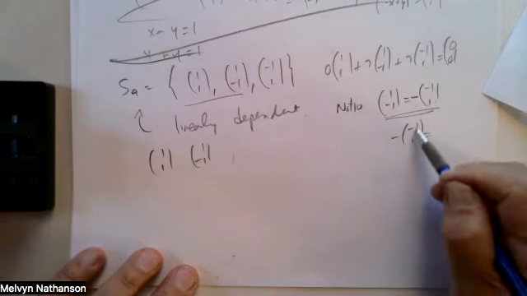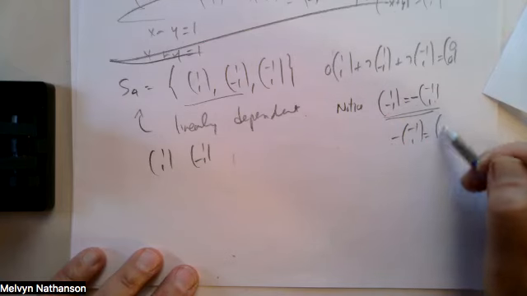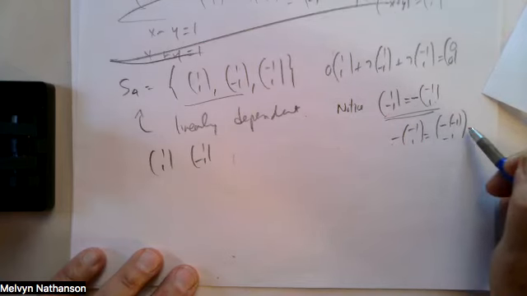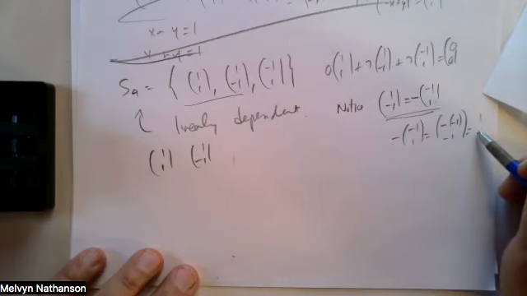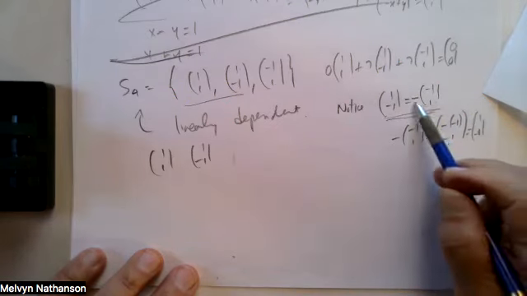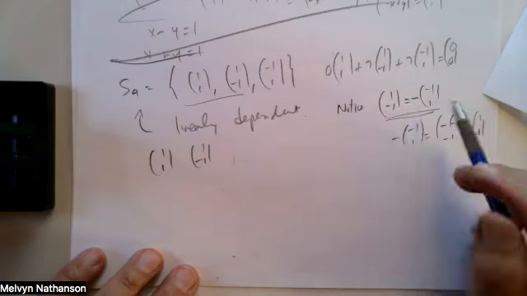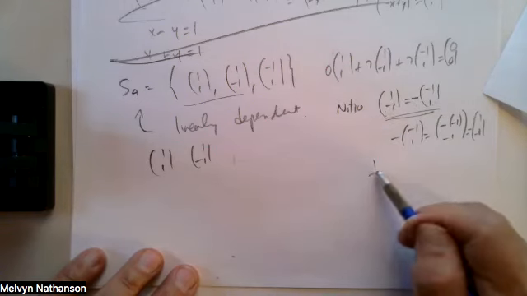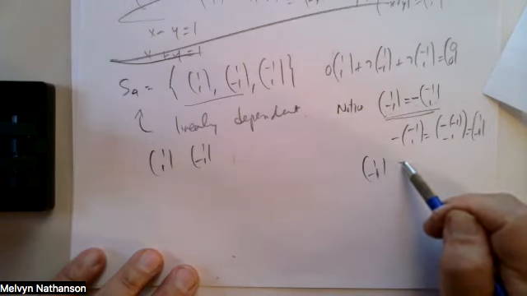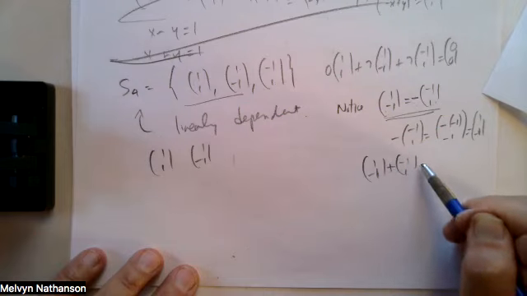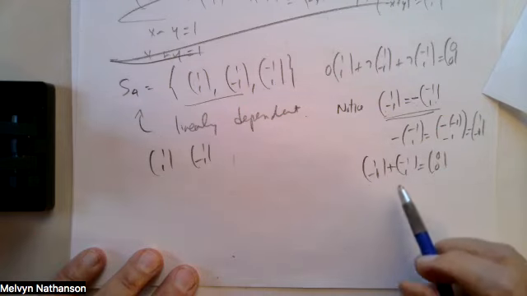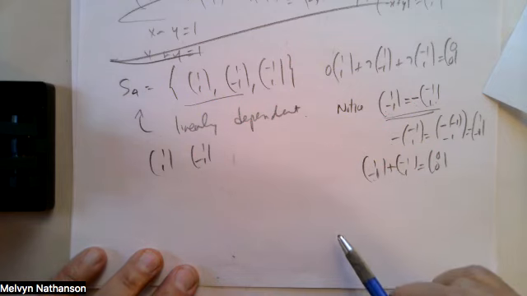This is minus 1 times this vector. That's (1, -1). Minus 1 is plus 1, so it's (1, -1). So the negative of this vector is this. Or if you like, if you add (1, -1) and (-1, 1), what do you get? You get (0, 0). So one is the negative of the other.